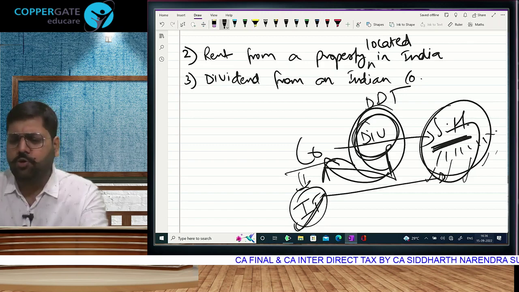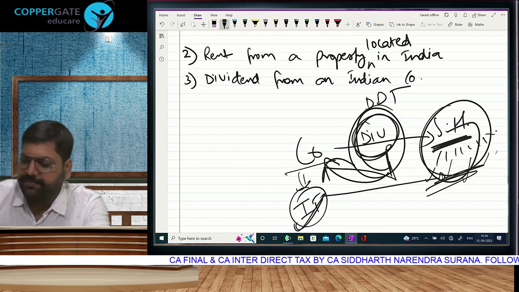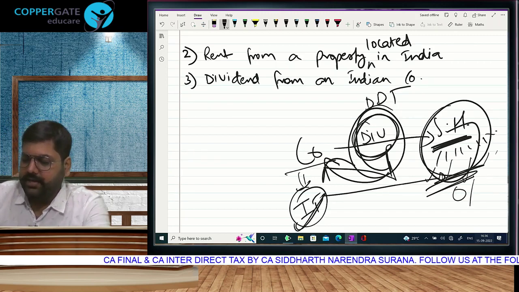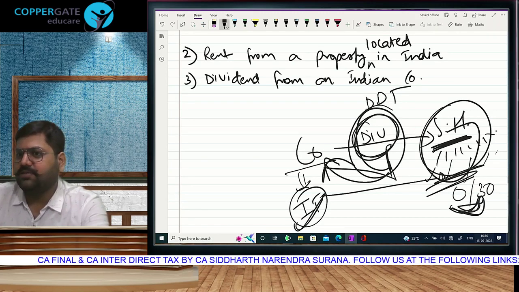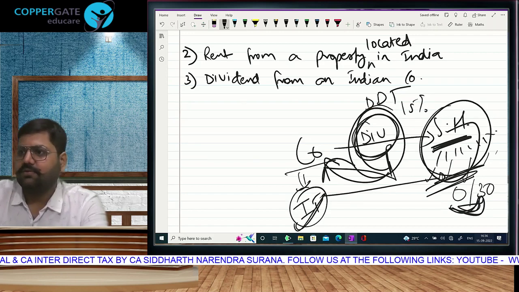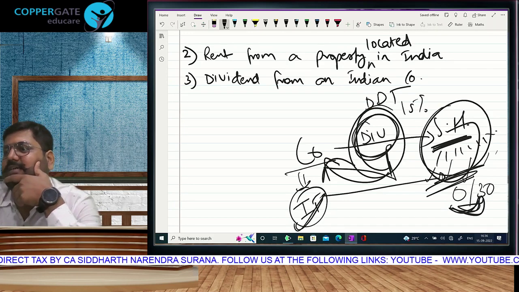And a beautifully, logically decided rate of DDT. If shareholders paid tax, the lowest would be 0% and the highest would be 30%. What did they do? Simple average, A plus B upon 2. The DDT rate was 15%, the average rate of tax that would apply if the dividend were taxed for shareholders.